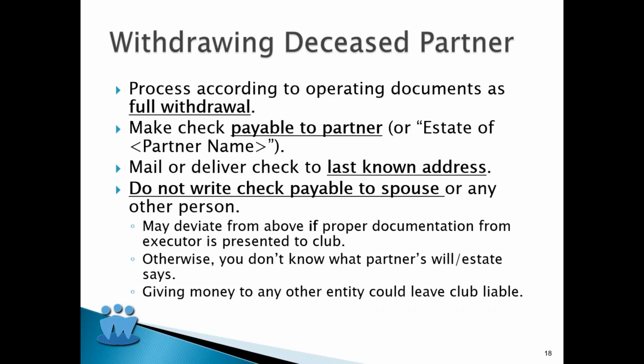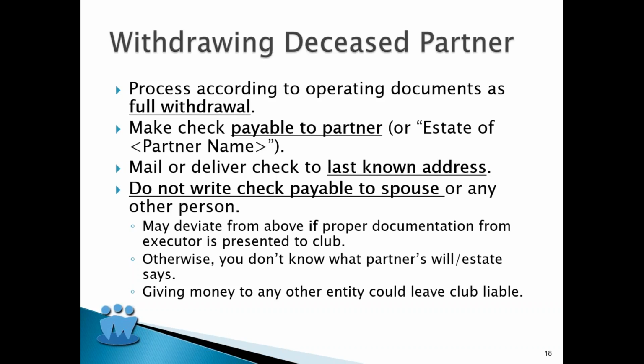And this is the thing that trips up a lot of club members, if the check is payable to a partner. Some people want to make a check payable to the next of kin, so they'll write it to the spouse, or they'll say we should write it to the estate of the partner name. That's fine as well.